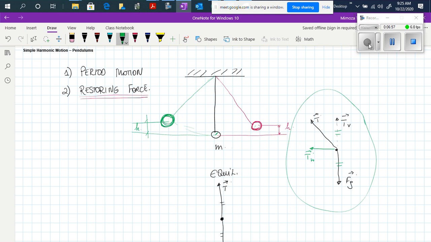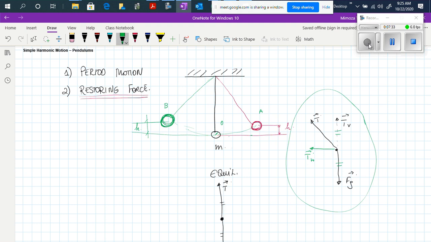When I say an ideal situation, we are assuming that there is no loss of energy as a result of air resistance, which means that we are considering it as an isolated system. So the energy is conserved at any point of the motion, from point 0, let's say, to point A, to point B, to any point in between in this motion of the object.